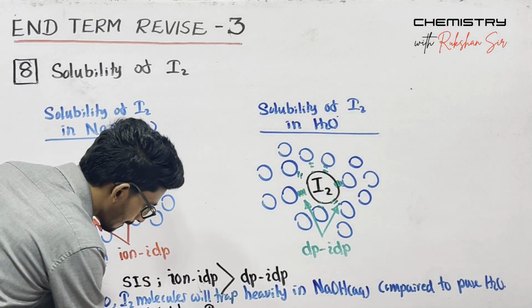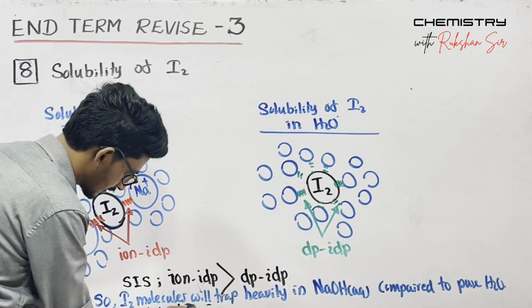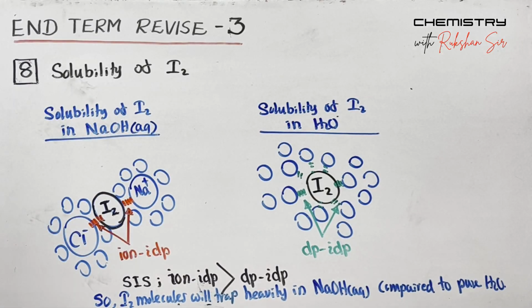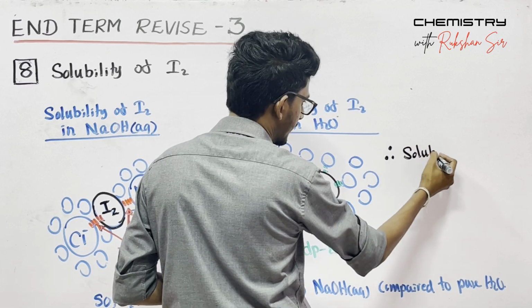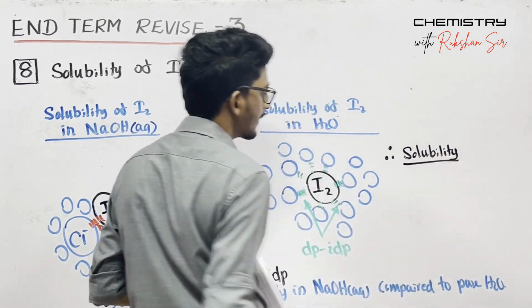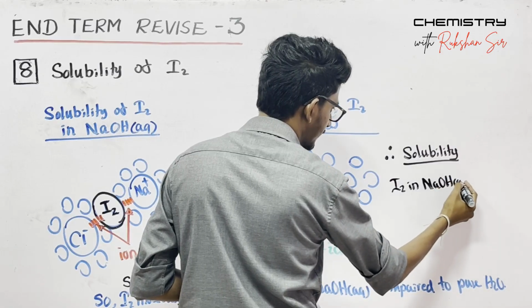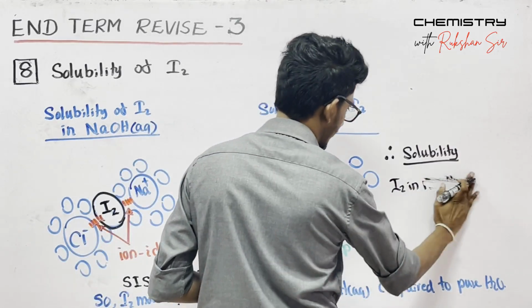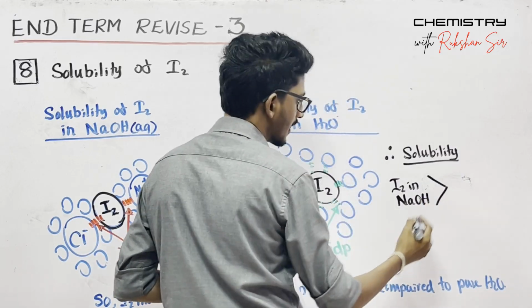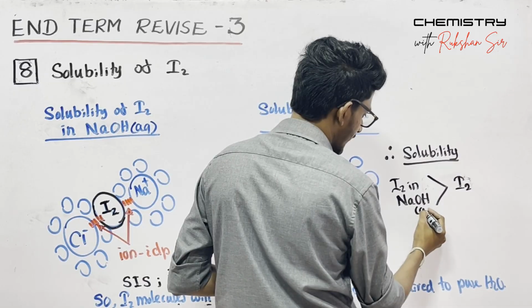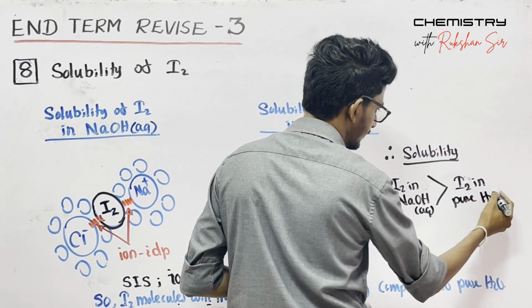So we can write, solubility of I2 in NaOH is greater than I2 in pure water.